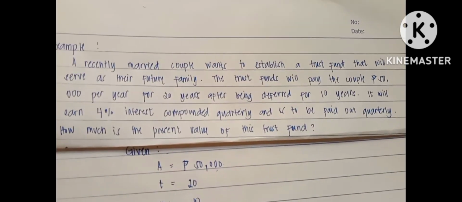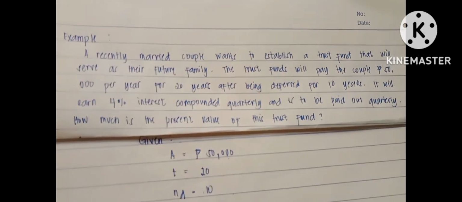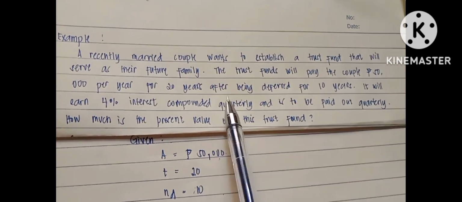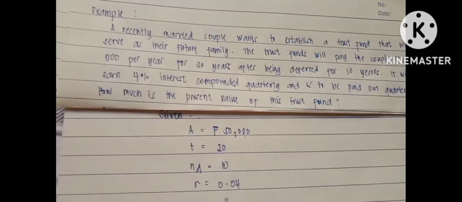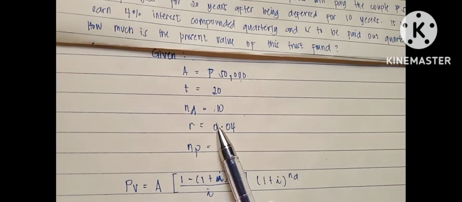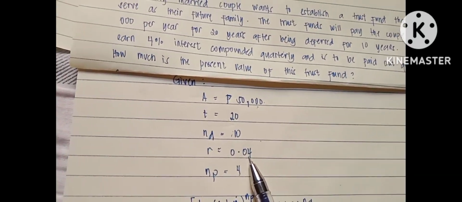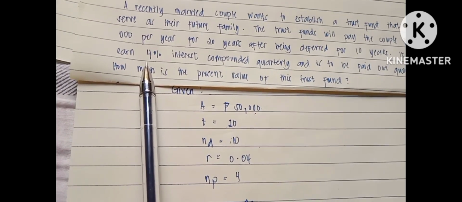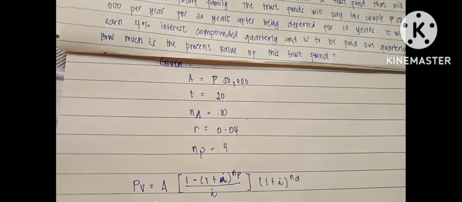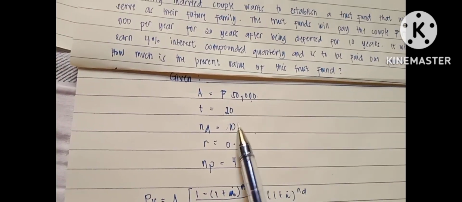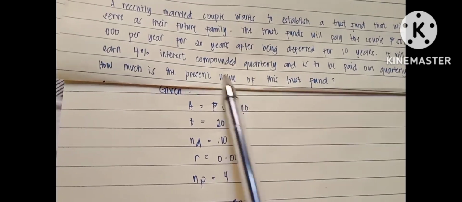So, it will earn 4% interest compounded quarterly and is to be paid out quarterly. So, our rate of interest here is 0.04, which is the decimal form of 4%. And our number of period in a year is 4, which is compounded quarterly.